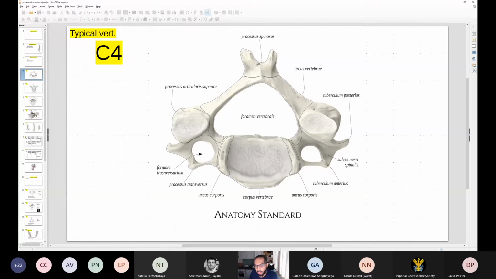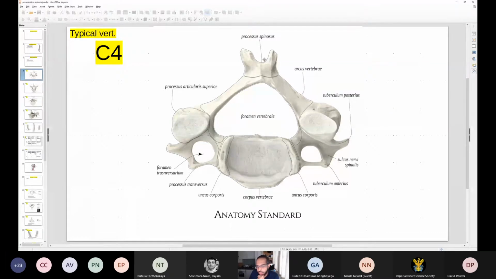The other processes that we have are the transverse processes. One is here and the other is here. The notable thing in the typical cervical vertebra is that the spinous process is bifid. So it has a notch in the middle. It has a bifid spinous process.